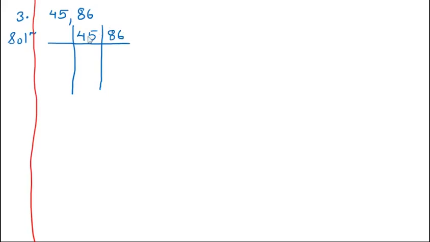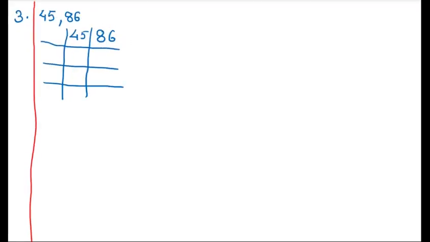Then the next number will be 7. Are these two numbers divisible by 7? No, they are not divisible by 7. See students, both these numbers are not divisible by one single number. So first what we are going to do?